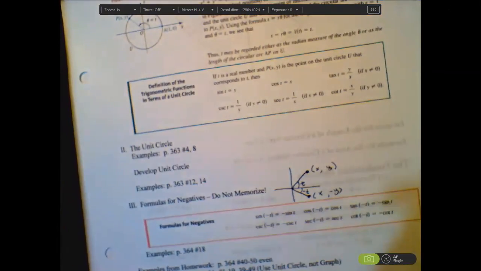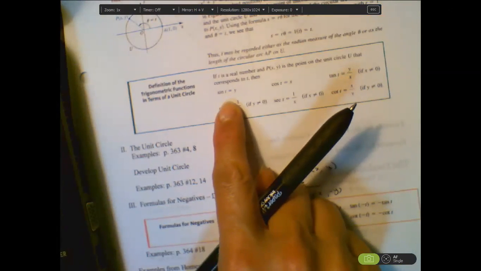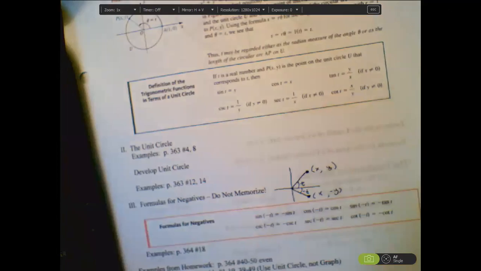Yeah, but I don't want you to rely on your feelings. It's right here. Your sine is a vertical distance. So it's your y. Your cosine's a horizontal distance, so it's your x. And then your tangent's your y over x.